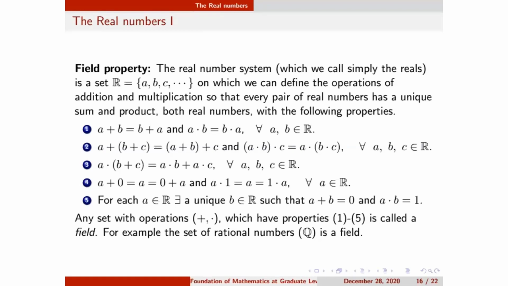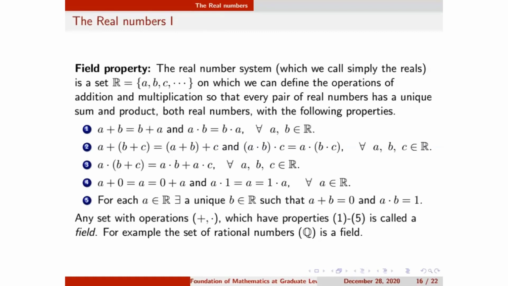Because it does not satisfy the fifth property. I have a natural number 2, and I cannot find another natural number which I multiply with 2 and get 1. There is no such natural number. So the set of natural numbers is not a field. Similarly, the set of integers is also not a field.